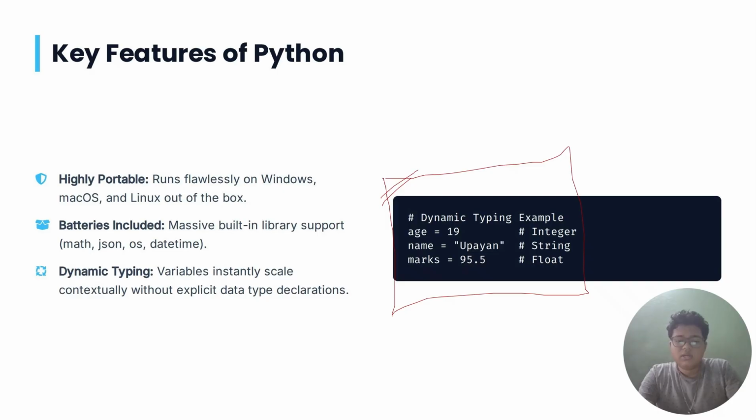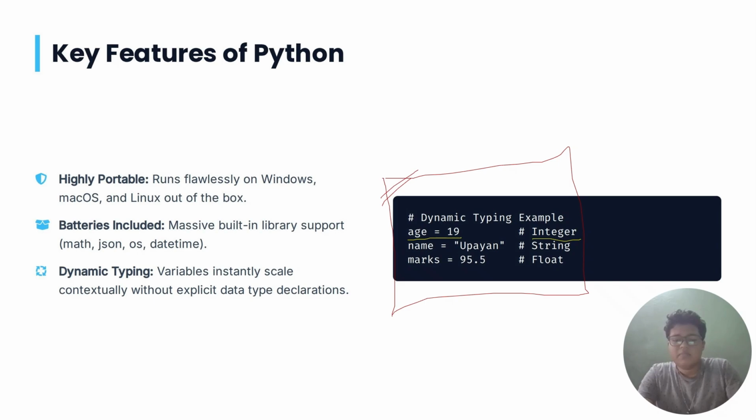Here it tells the age is 19. It is an integer type. What is an integer, what is a string, what is a float, we will be learning more about that. But for the time being, just know integer means the mathematical integer we talk about, that is, whole numbers.